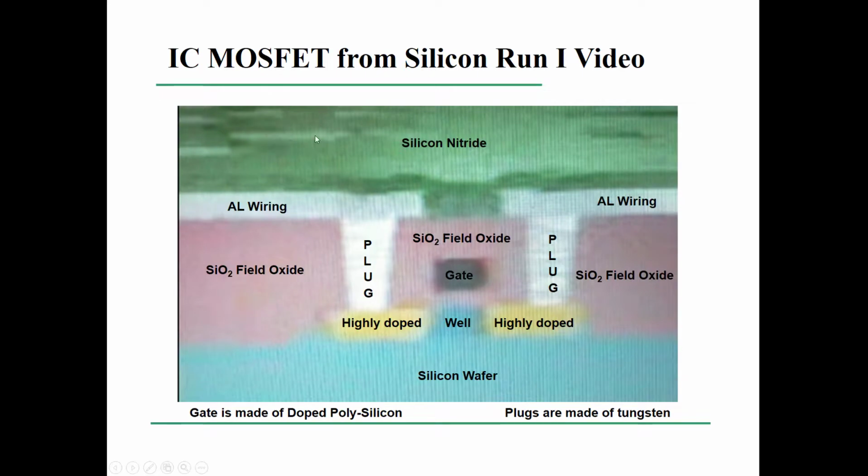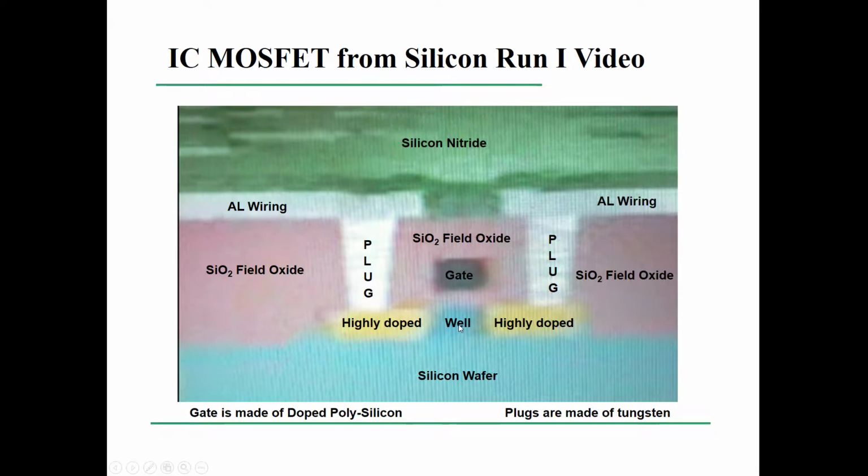So here's a picture of a single transistor. See right here, the well, which you can see is right underneath where the gate electrode is, which again is made of doped polysilicon, and then you have highly doped regions on each side of that well. Also, the well you can call a channel or substrate. So there's various names for this well.